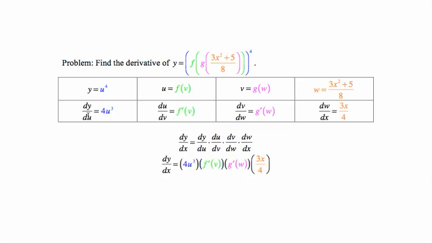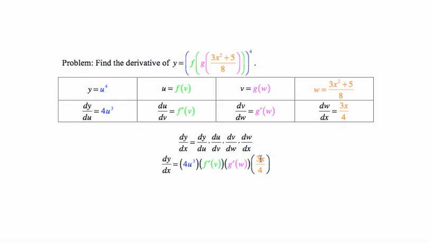Now I'm going to calculate each of those derivatives, so all 4 of these derivatives. So the derivative of u to the fourth with respect to u is 4u cubed. The derivative of f of v with respect to v is f prime of v, and so on. Finally, I get dw/dx is just 3x over 4, and I substitute into the formula that I wrote down before. And really, you don't need to write this formula down if you can just keep track of it in your head.